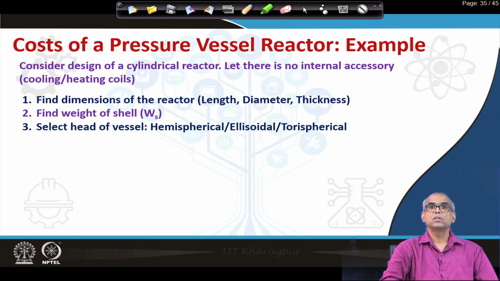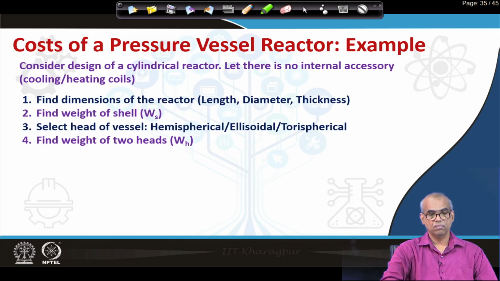Now, when I am using a cylindrical shell, there will be heads of the shell. So, select the head of the vessel: hemispherical or ellipsoidal or torispherical. Let us say we choose hemispherical heads. So, again consult the design codes for pressure vessels and find out the volume of the two heads and then the weight of the two heads.